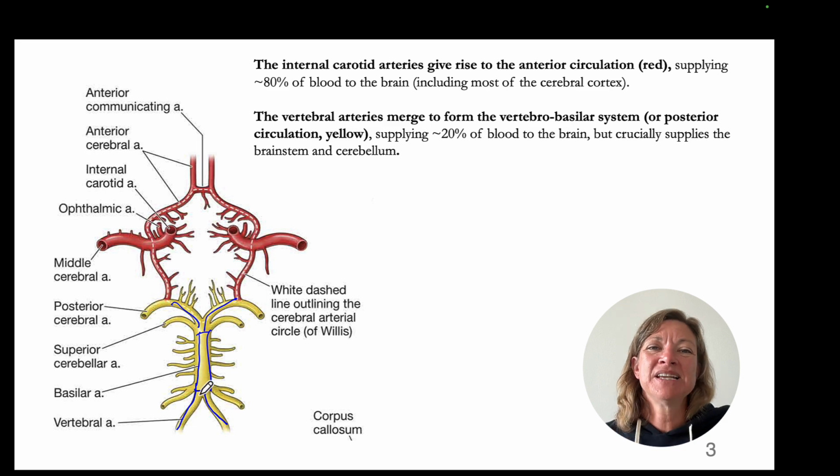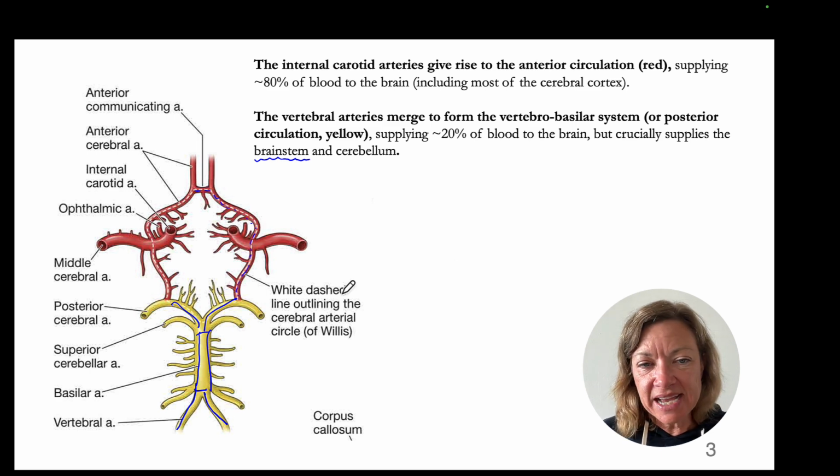However, the vertebral arteries crucially supply the brainstem. So they might not give rise to a lot of the volume of circulation, but they supply crucial structures that are required for our survival.